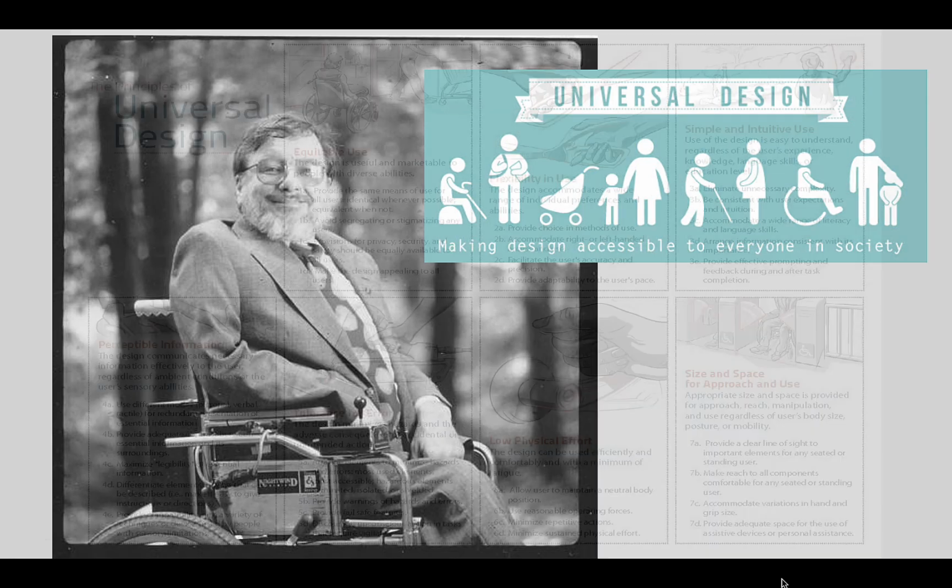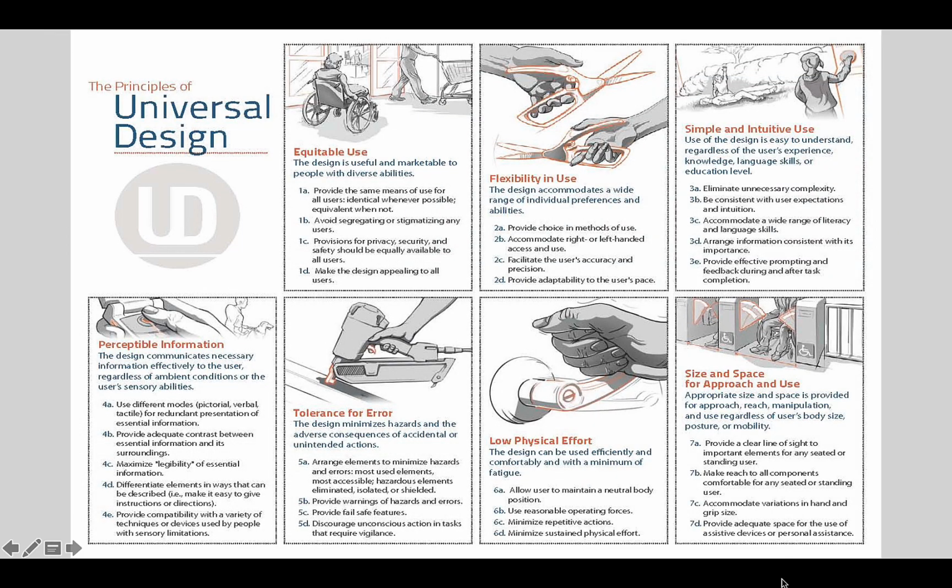Mace founded the Center for Universal Design in 1989, that was then called the Center for Accessible Housing, and the name was changed later. And this was a think tank and a research center on the topic.